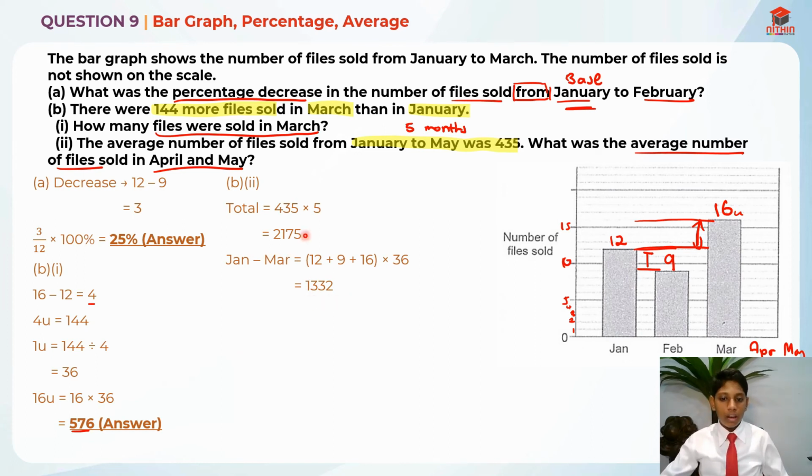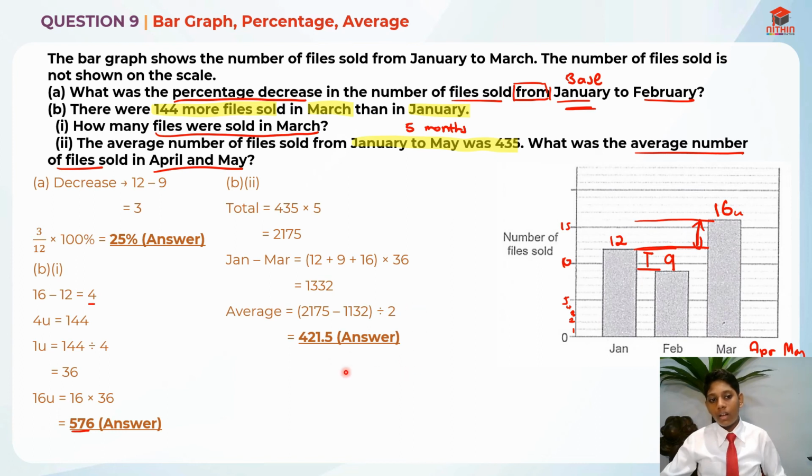Then to find the average, we just need to take the difference of these two divided by 2. So that's very simple. So you take the difference divided by 2, which will give you the average as 421.5. So 421.5 files is the answer for question 9.